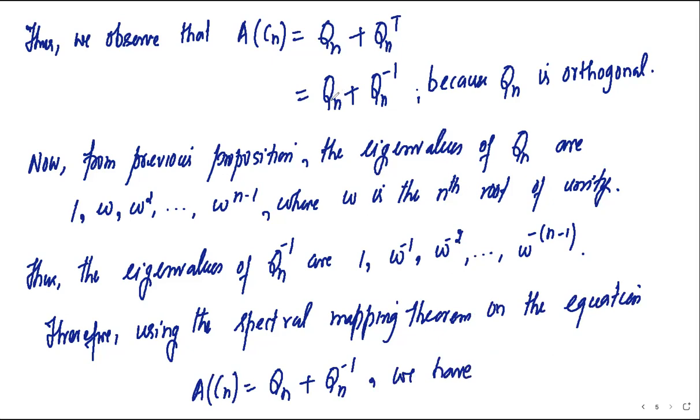If we substitute 1 here, we get 1 plus 1, that is 2, as an eigenvalue. Then omega plus omega inverse, then omega square plus omega power minus 2. And similarly, the last eigenvalue will be omega power n minus 1 plus omega power minus (n minus 1). So that is the set of n eigenvalues for Qn plus Qn inverse.